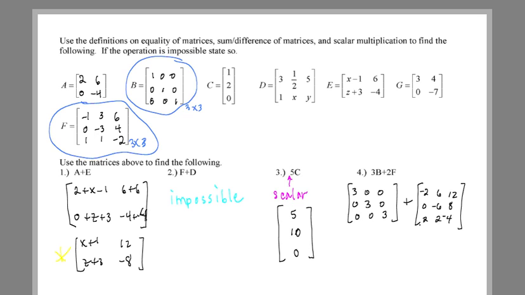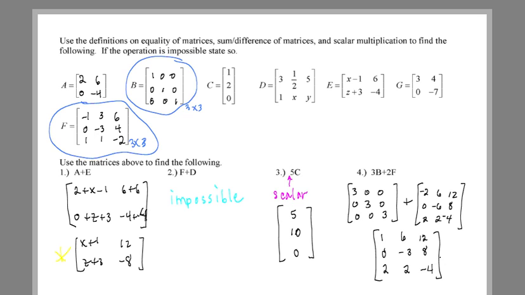Now that we have those two scalar multiplications done, let's go ahead and add corresponding entries. So the final result: 3 plus a negative 2 would be 1, 0 plus 6, 6, 0 plus 12, 12, 0 plus 0, 3 plus a negative 6, 0 plus 8, 0 plus 2, 0 plus 2, 3 minus 4.